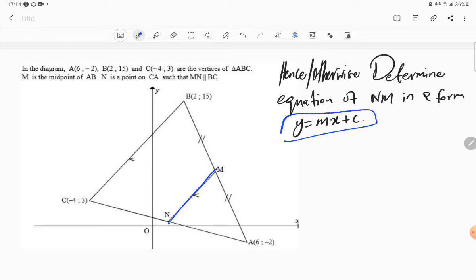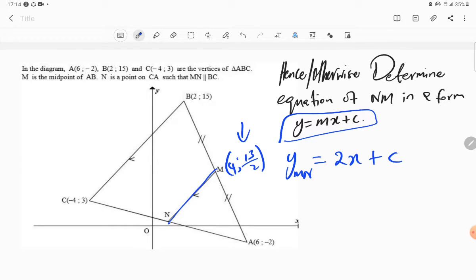Now moving forward: hence or otherwise, determine the equation of MN, the equation of this line, in the form shown. Now we know that the gradient of MN is 2, so the equation of MN is y equals 2x plus c. We just need to figure out the value of c. The point given to us is 4, 13 over 2, and we really need to use this point because we don't have N yet.